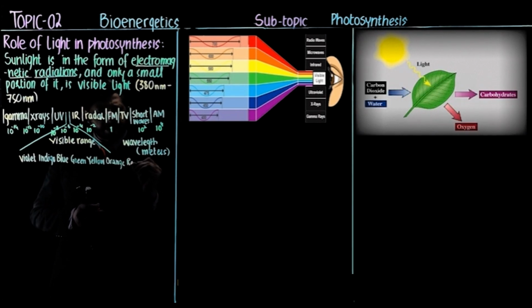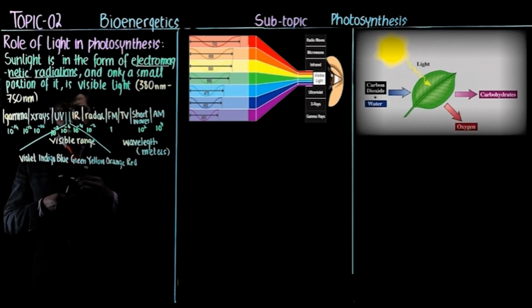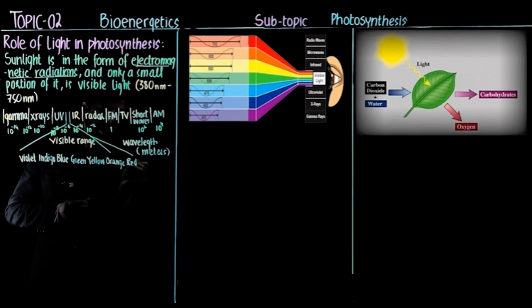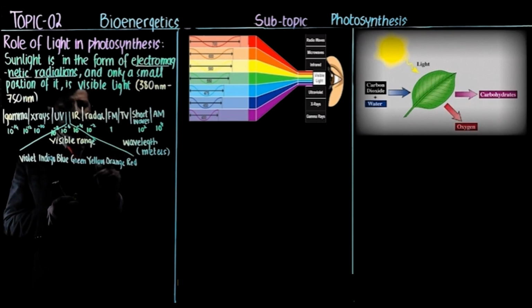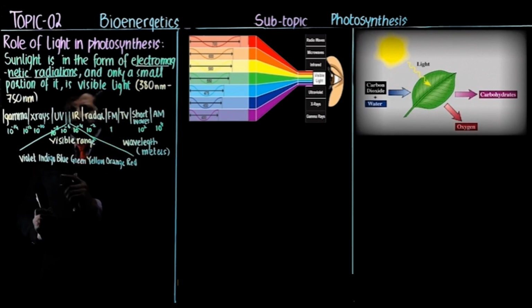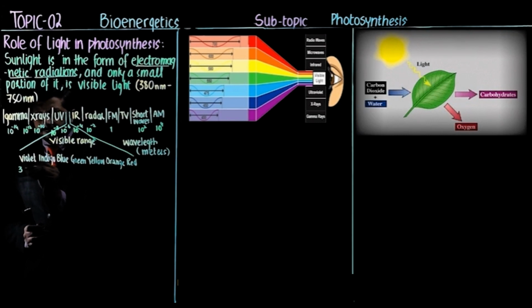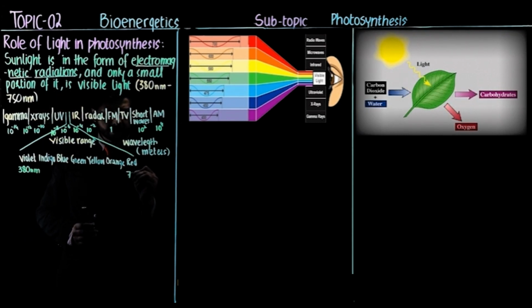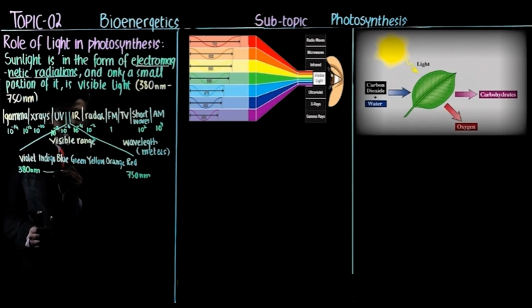So this is our visible spectrum over here. Clear? Up to this. So this is the range of visible light. It starts from 380 nanometers up to 750 nanometers. Okay?